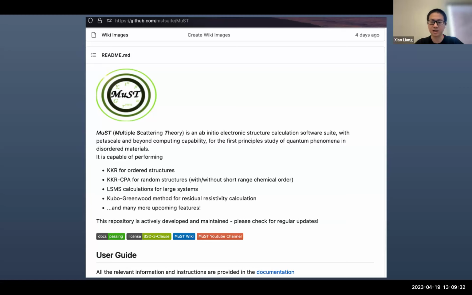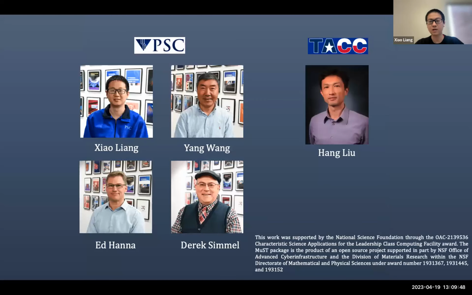MuST is under active development. If you are interested, you can download the code, compile, and run. I will also introduce the procedure for compiling and running the GPU-accelerated version of MuST on Bridges-2 in this talk.